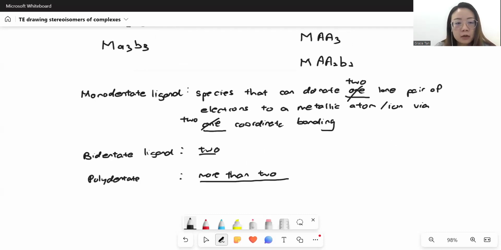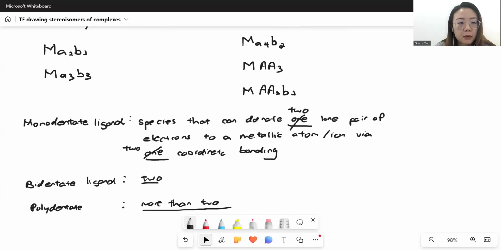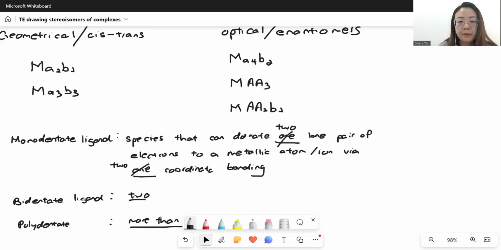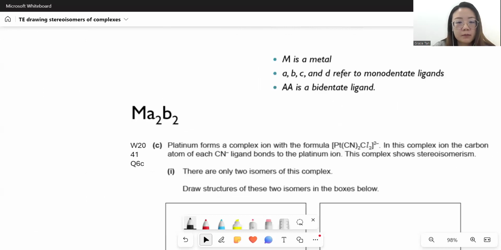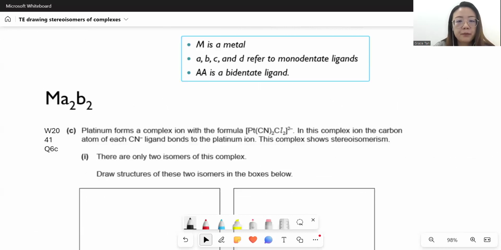Okay, now, so therefore, A and B, small a, small b are monodentate. Capital AA means bidentate. Okay, now, can you see the bullet point up here? All right, just in case you forget, anything small letter is mono, double capital A is a bidentate.